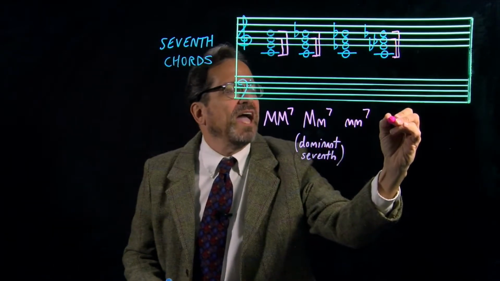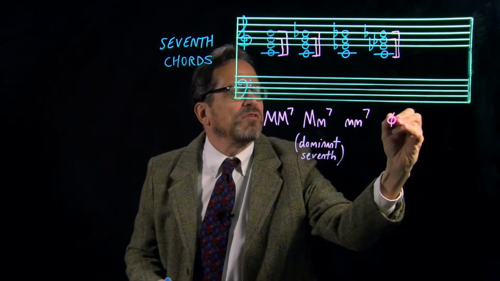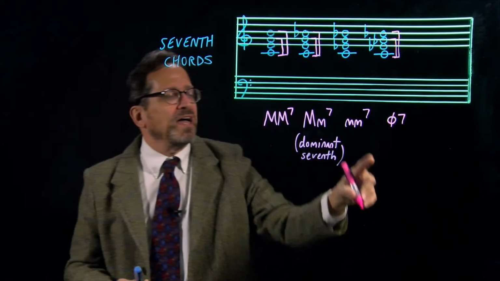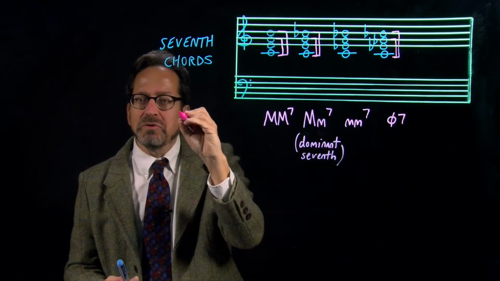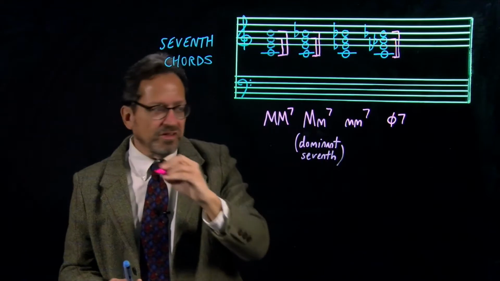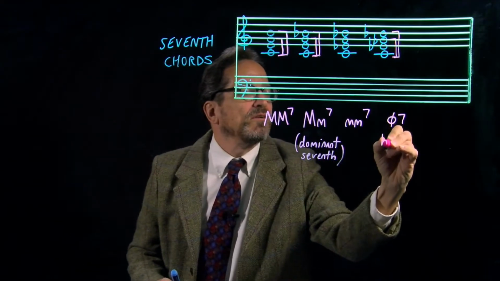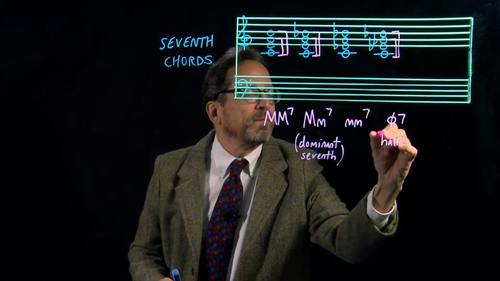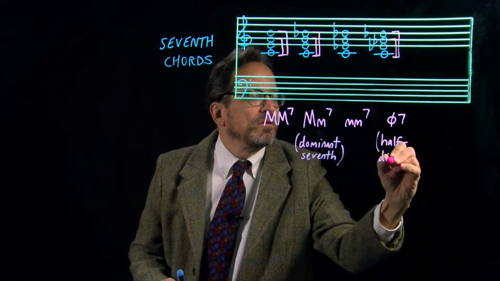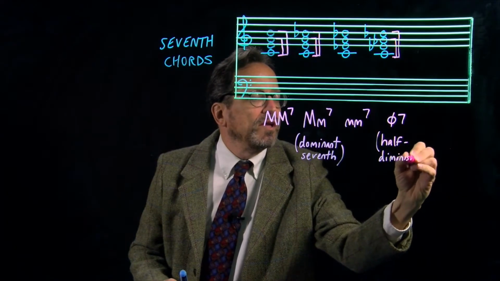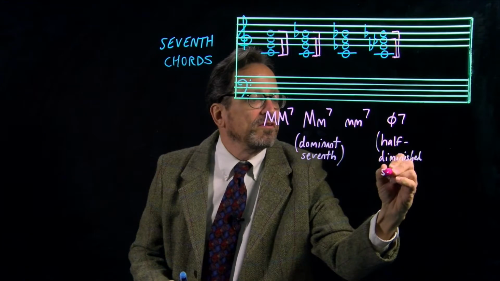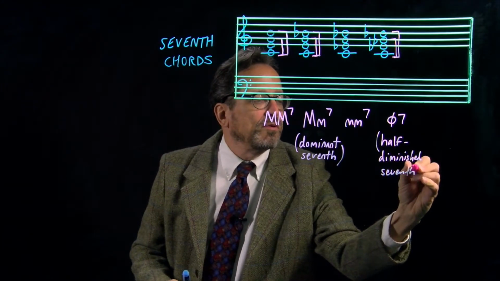This is called a half diminished seventh. And the symbol for that is the diminished symbol, the degree symbol, with a slash through it. A half diminished seventh chord.